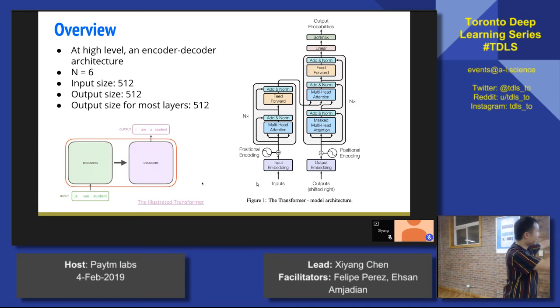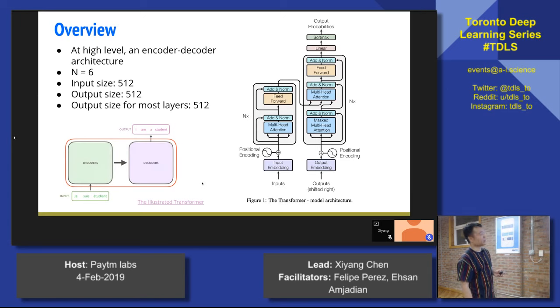To simplify the entire structure, the input size and output size of a lot of these blocks is set to the number 512, so you're going to see 512 a lot. You will also see an N× here, which means this part is repeated N times. I think in the paper it's six times, and here it's repeated 6 times.